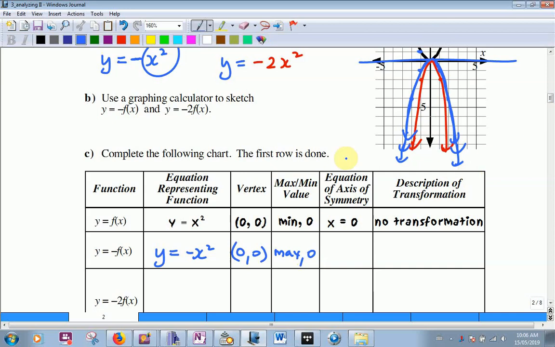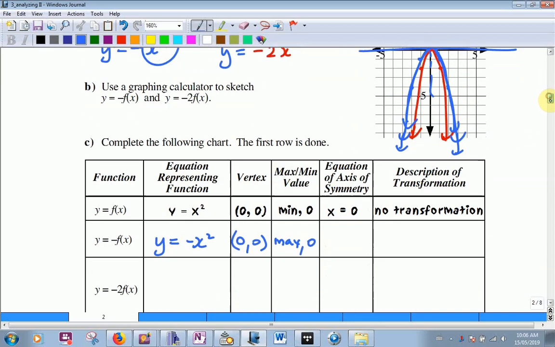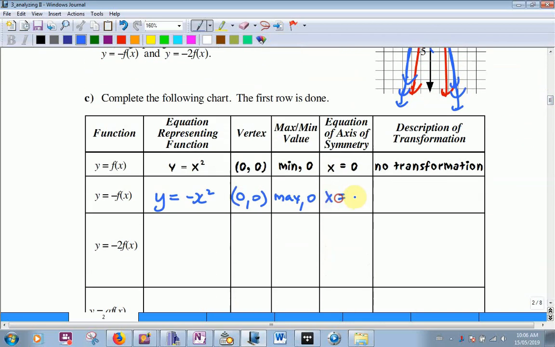What happened to my equation of the axis of symmetry? Did it change? Nope. It's in the same spot because my vertex is in the same spot, so it's still x equals 0. But here's the correct wordage. It's a reflection in, or I prefer over, the x-axis.